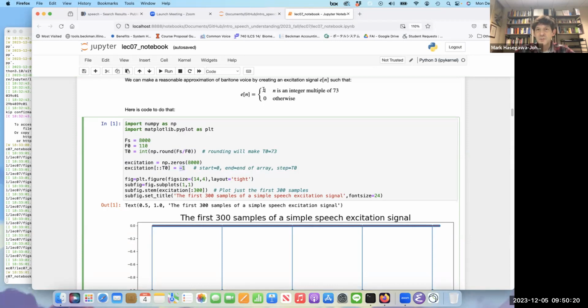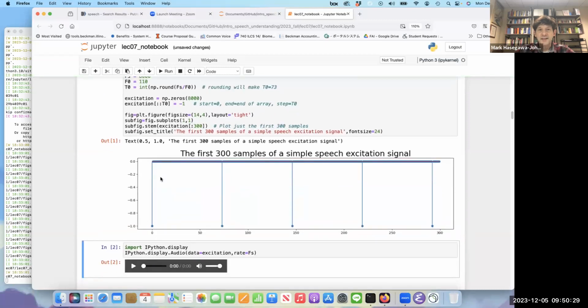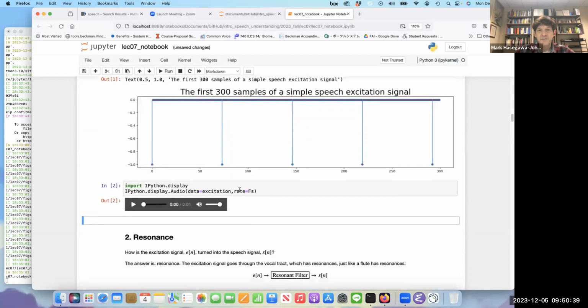I could create a +1 as shown here, but instead of +1, I'll create -1. And then I'll go ahead and plot that. When I plot that, we see a signal that looks like this. It's all zeros, except once every 73 samples, it has a -1. And now if I play that back at a sampling rate of 8,000 samples per second, it sounds like this. So that's a buzz at 110 Hertz at the A2 note on the piano. And just once every 73 samples, I have a -1.